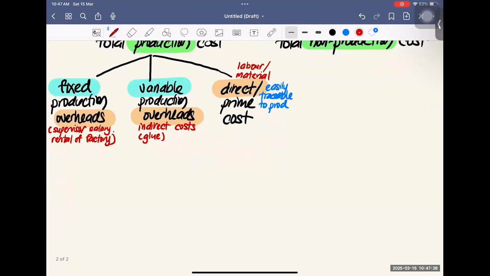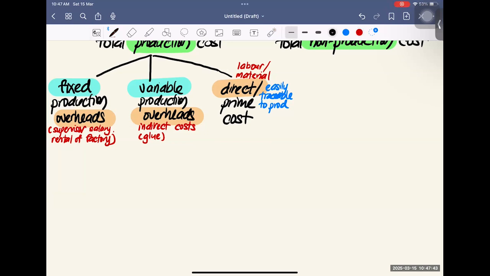Because labor and material are direct, the more units you make, the more hours I have to spend, or the more units I make, the more materials I need to use.